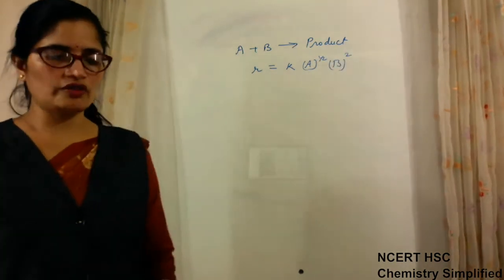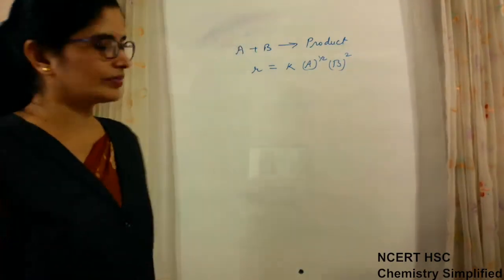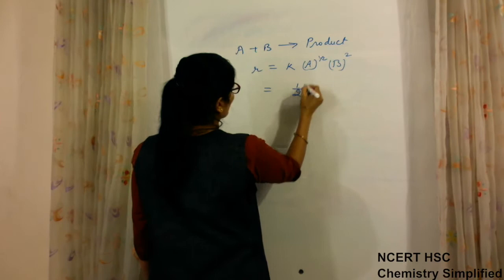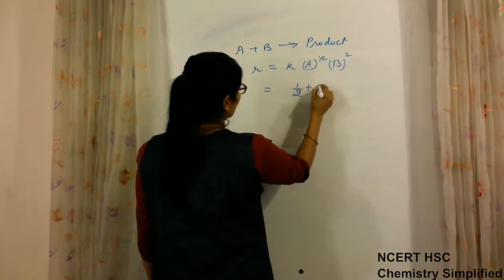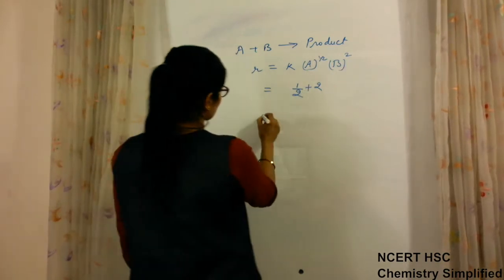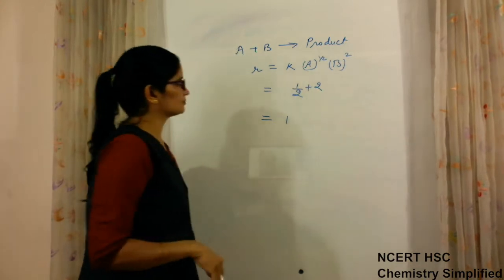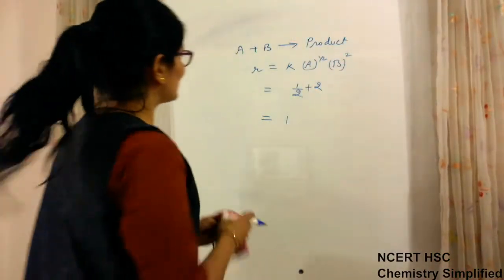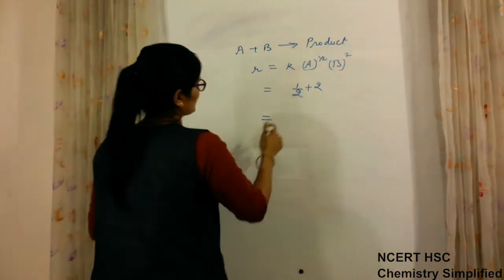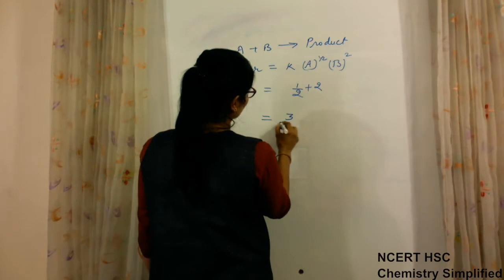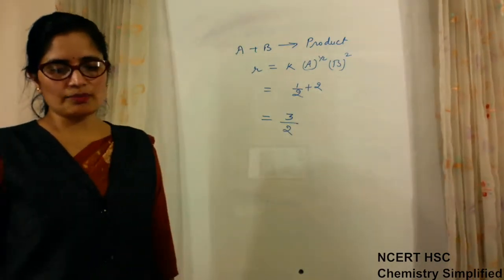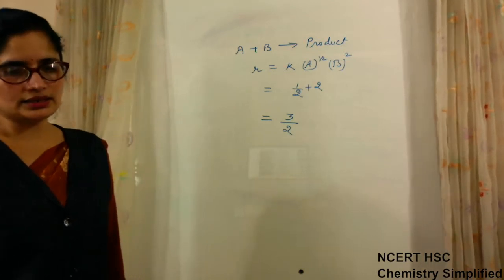What is the order of reaction? Very simple question. Order of reaction is power of A plus power of B. That is equal to... no, not 1. It is 3 by 2. So simple questions, just by adding the powers you can get the answer.